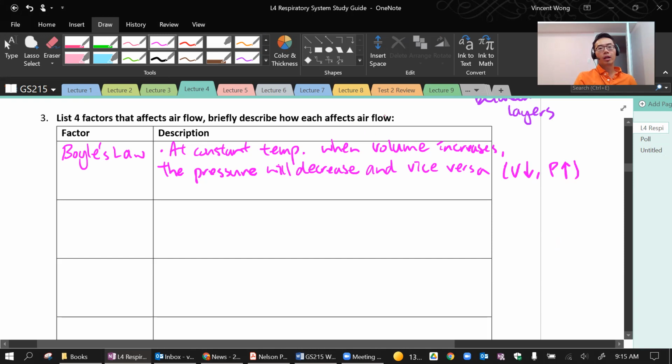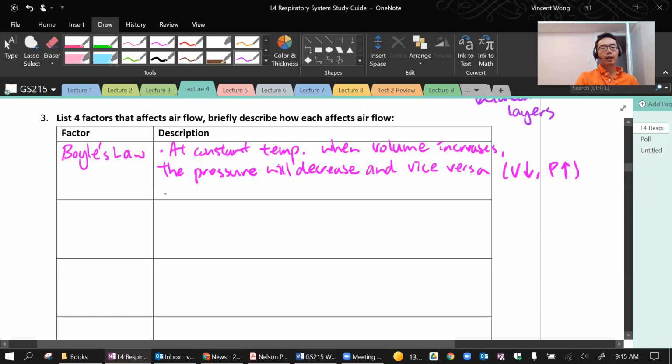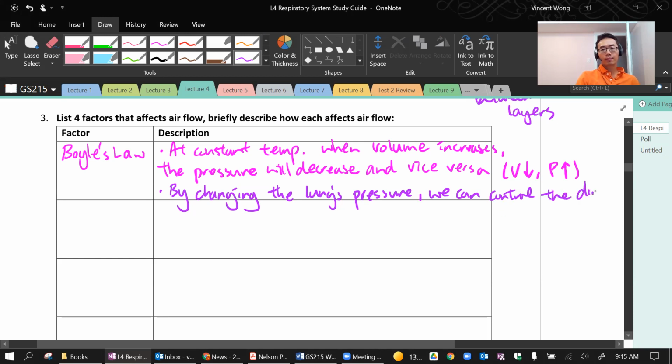This would be important for airflow because by changing the pressure inside our lungs, we can control which way the air will flow. So by changing the lung's pressure, we can control the direction of airflow.